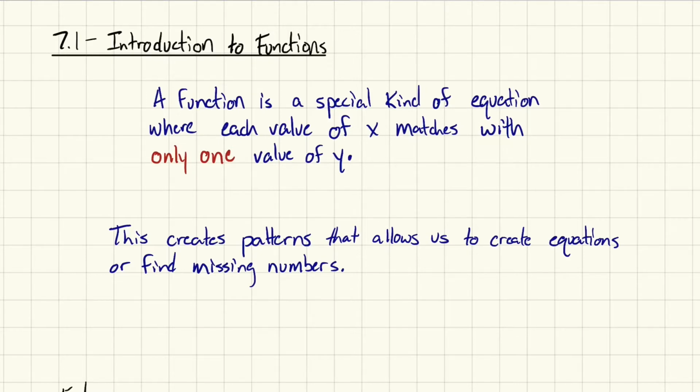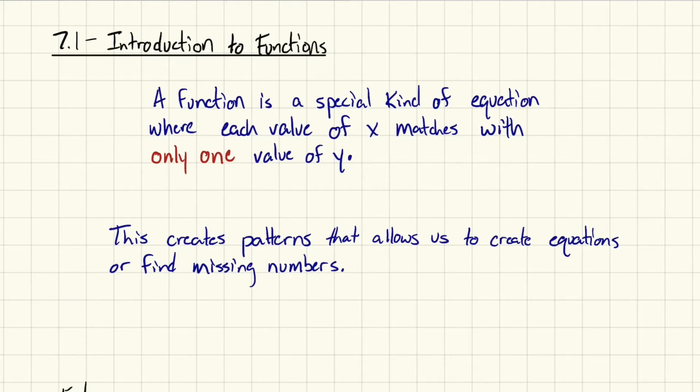And we're going to talk about that idea in future sections. But if we can realize that a function is basically an equation with a special, unique piece to it, then we're going to be in great shape and set up for really good things in this chapter.